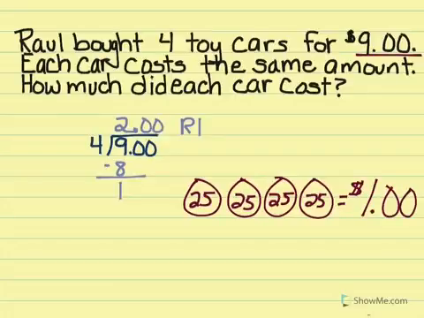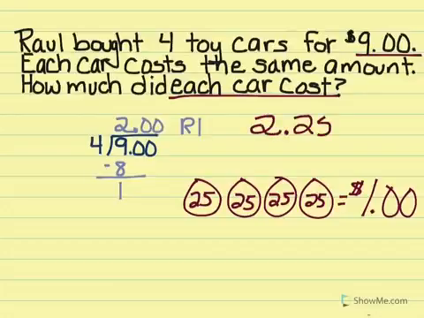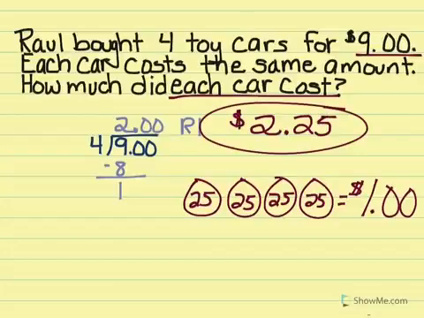Therefore, we can divide up each quarter to each car. So then each car will cost $2.25. So in this case, our remainder actually was a decimal. It was money.